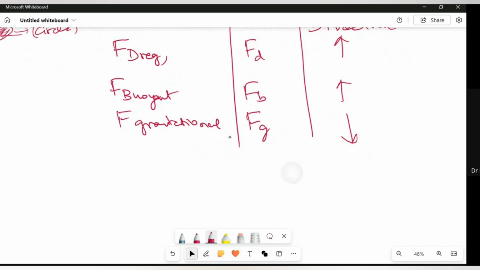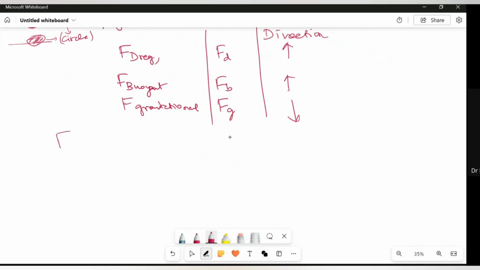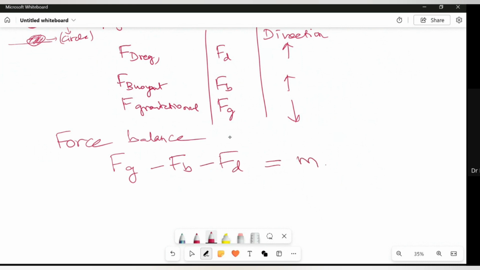So when you make a force balance according to Newton's law, the net force in a direction is equal to mass into acceleration in that direction. So we have Fg minus Fb minus Fd is equal to mass into acceleration.